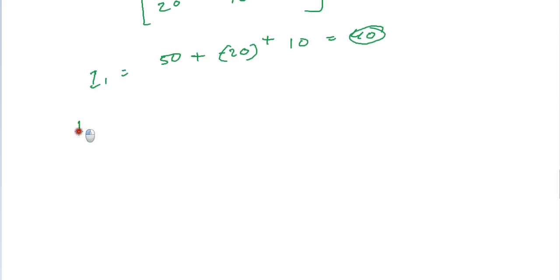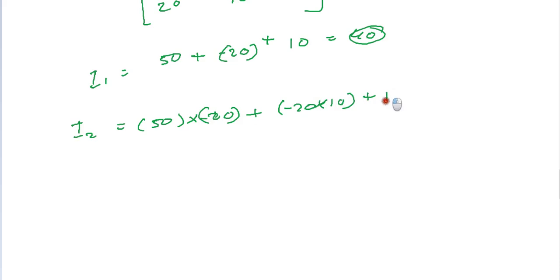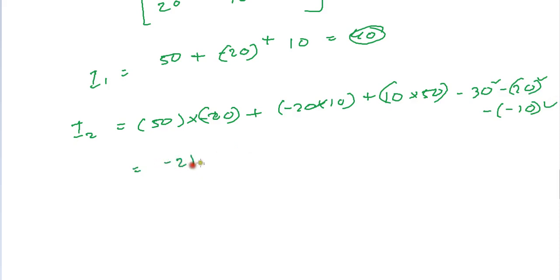What is the second invariant? The second invariant is 50 times minus 20 plus minus 20 times 10 plus 10 times 50, minus 30 squared, minus 20 squared and minus 10 squared. So it is minus 21.